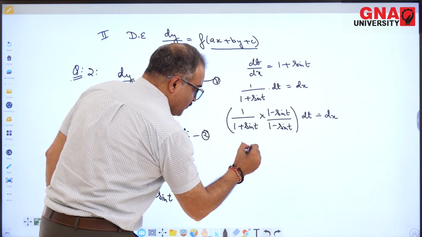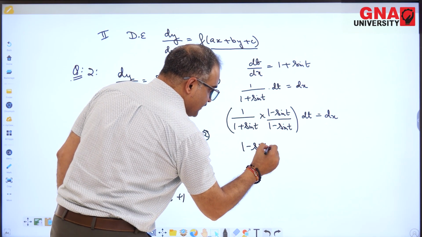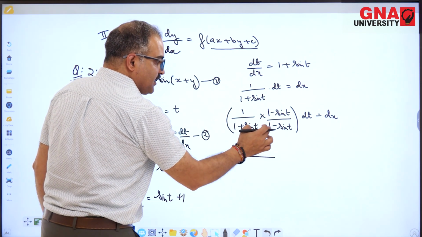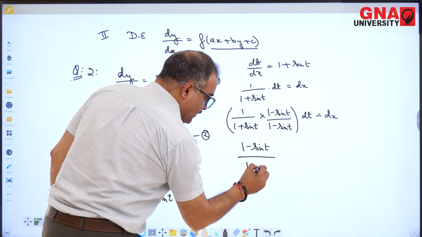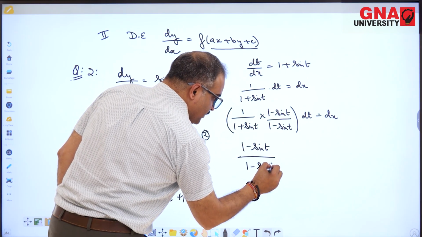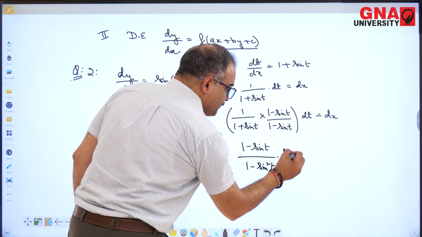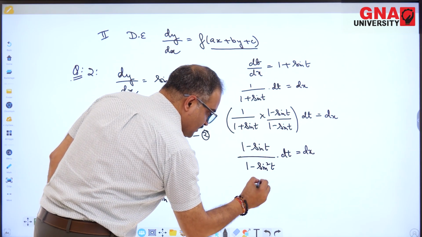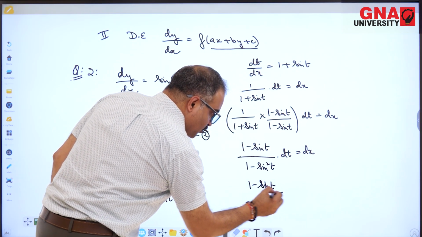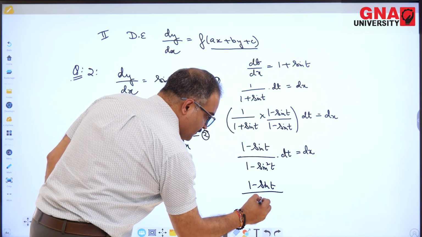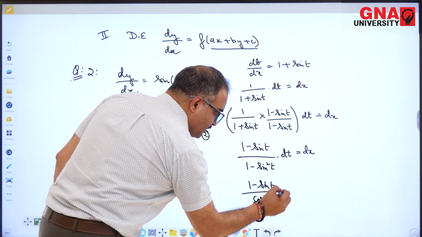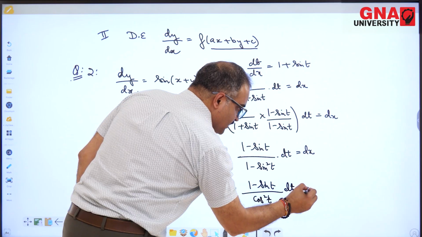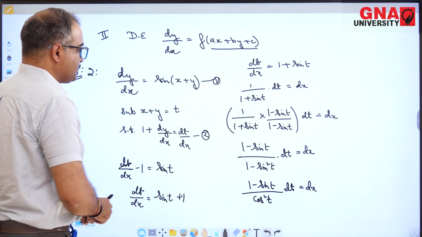So it will be 1 minus sine t divided by 1 minus sine squared t, using a plus b times a minus b equals a squared minus b squared, dt is equal to dx. So I'll use 1 minus sine t over 1 minus sine squared t, that will be cos squared t, dt is equal to dx.